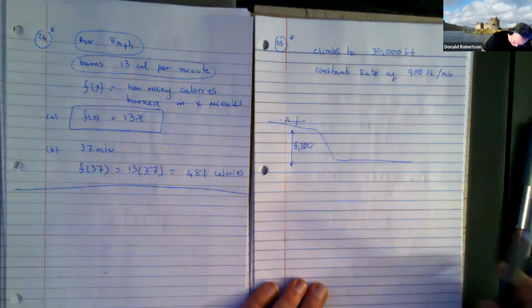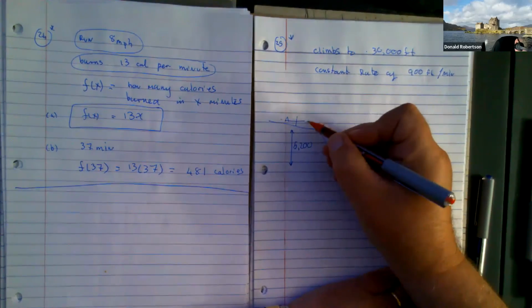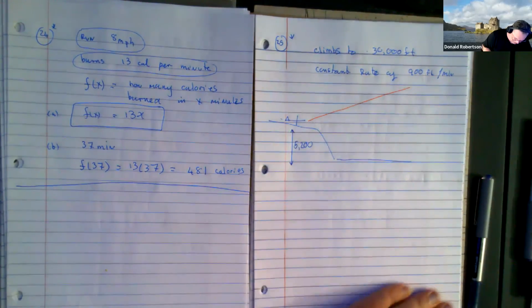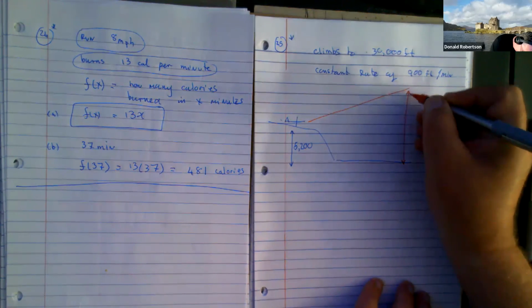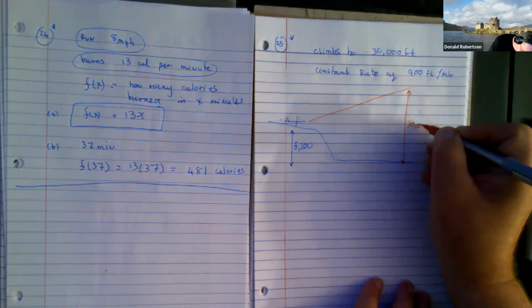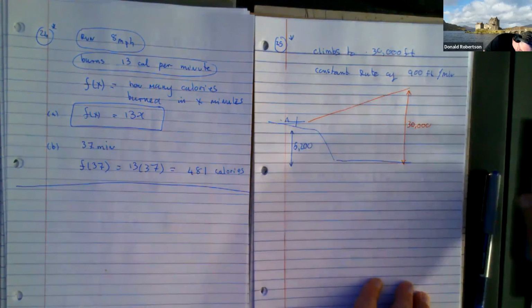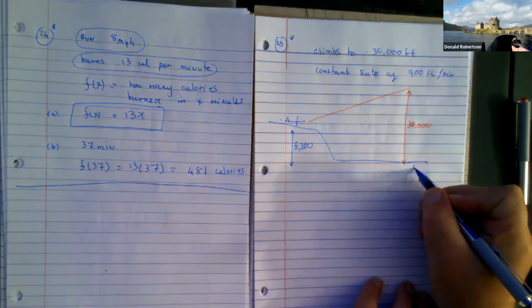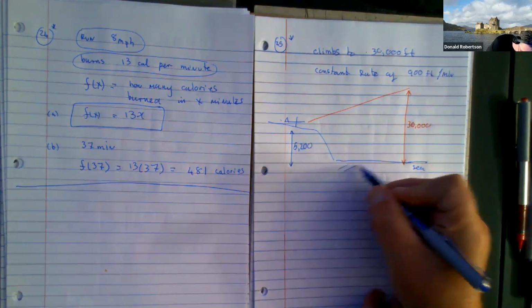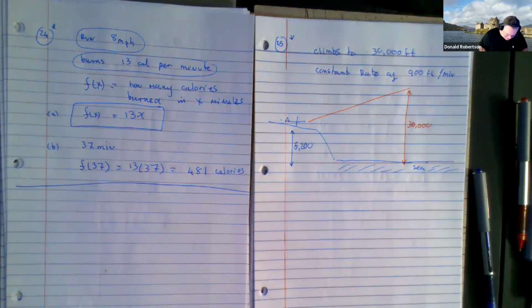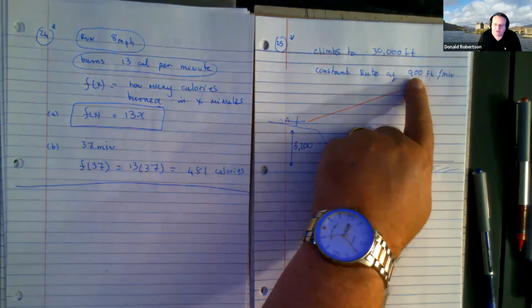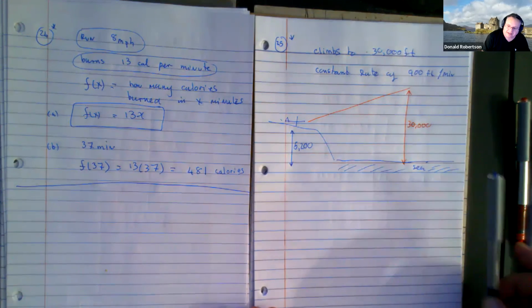So can you imagine the aircraft takes off and it goes on like that, and he climbs to a height of 30,000 feet. And can we pretend this is sea level here? And we know that the rate he increases is at 900 feet per minute.